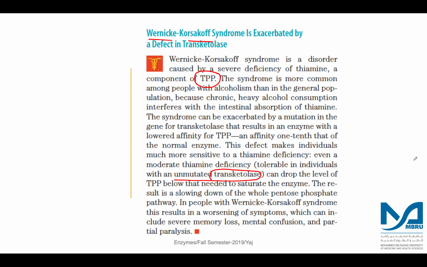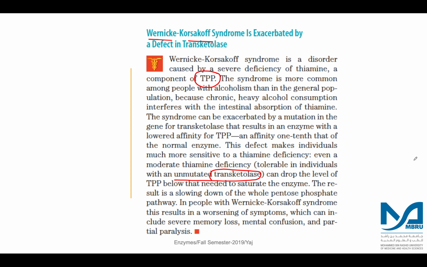And I think when Mariam was teaching, she mentioned a mnemonic like ATP to remember the enzymes that require thiamine pyrophosphate. A for alpha ketoglutarate dehydrogenase, T for transketolase, and P for pyruvate dehydrogenase. So these are the three enzymes that essentially require TPP for their function.